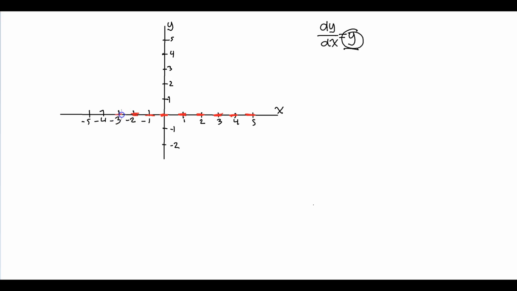So you have a small line segment. Now what about for 0, 1, or 1, 1, or any point with y-coordinate 1? Because the derivative only relies on the y-coordinate, every single point with y-coordinate 1 will have a line segment with slope 1, which is sort of like a 45-degree diagonal line.